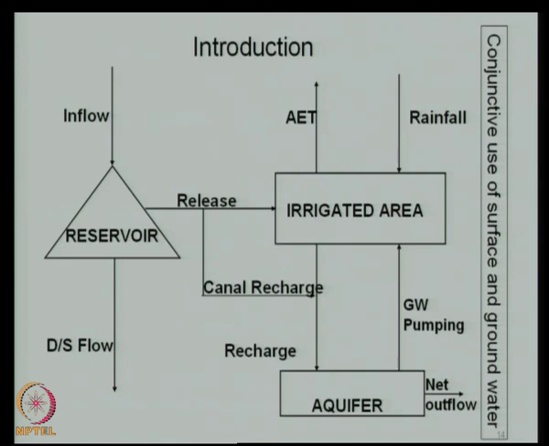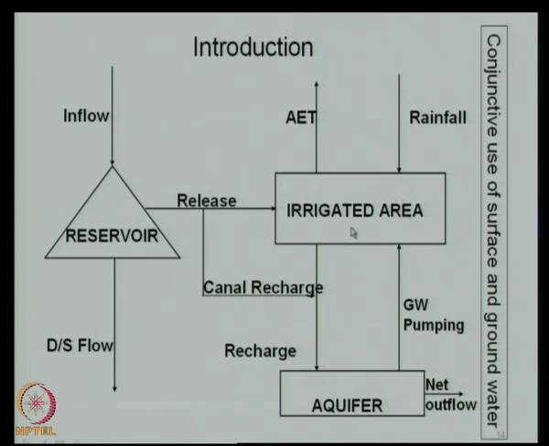Then we look at the conjunctive use of surface and groundwater. You typically have a reservoir from where you have a canal network, and then you have an irrigated area. From the irrigated area, the evapotranspiration takes place. There is rainfall that is feeding into the irrigated area. Part of it also comes as recharge. What you are letting out through the reservoir can also contribute through seepage as canal recharge, and then this canal recharge goes to the aquifer, and then from the aquifer you may have a net outflow.